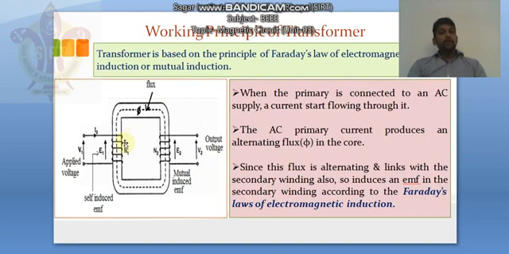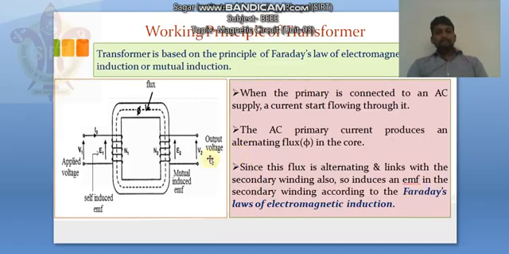So finally you will get an induced EMF E1 in the primary coil. Since this flux is alternating and linked with the secondary winding also, it induces an EMF in secondary winding according to the Faraday law of electromagnetic induction.